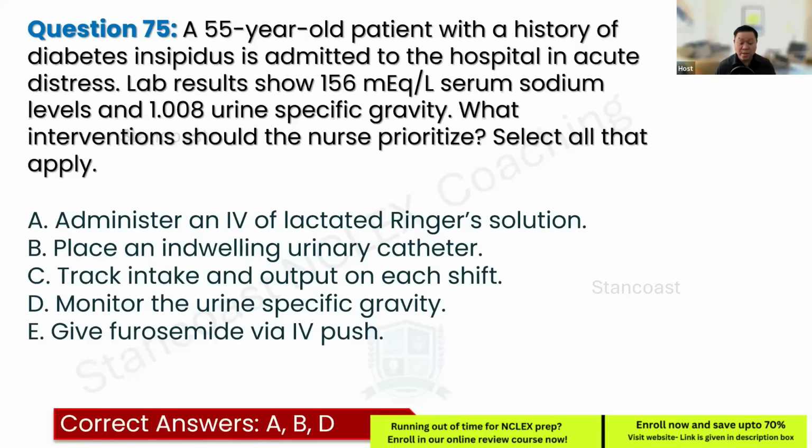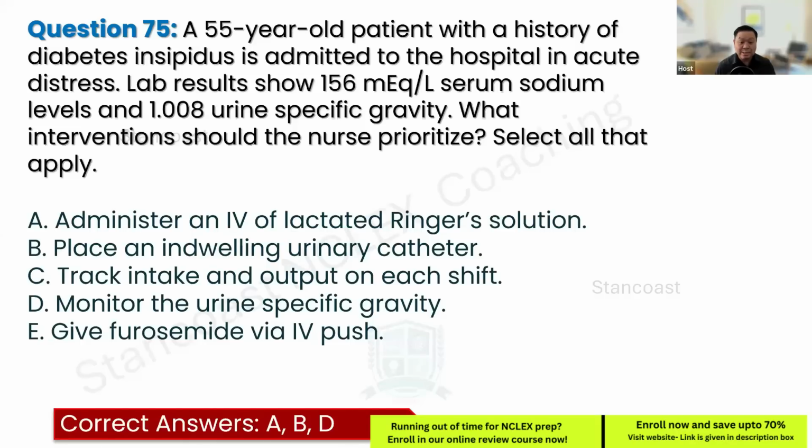We know that patients with diabetes insipidus lose excessive amounts of diluted urine due to their inability to retain water. And so fluid replacement is very important to prevent dehydration and also to maintain adequate volume. And so the administration of lactated ringers can be appropriate for this case.